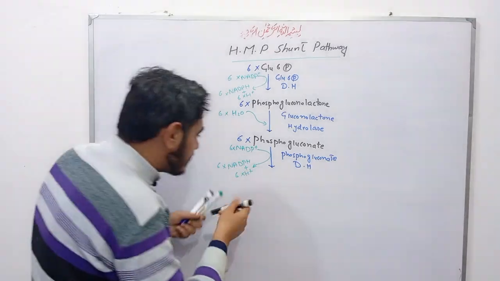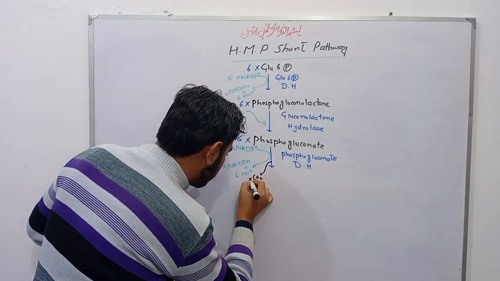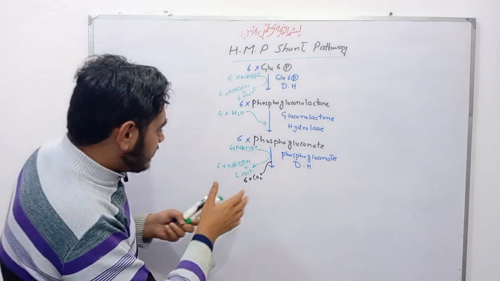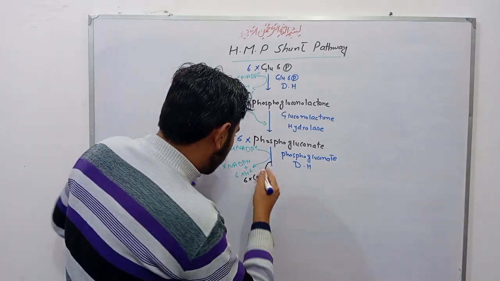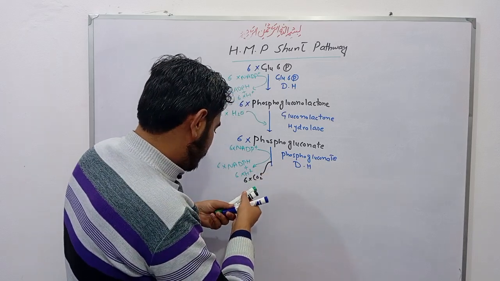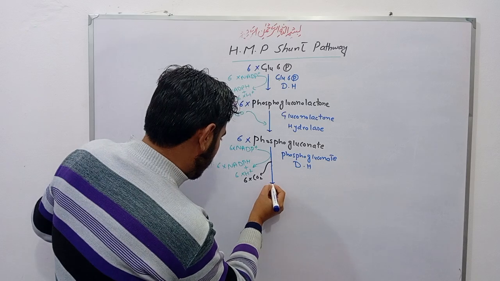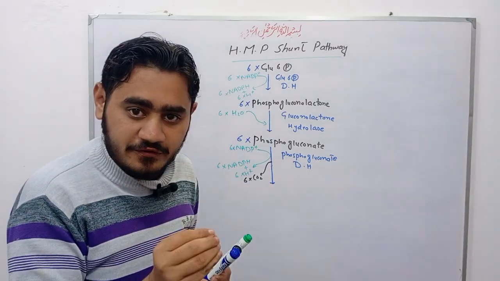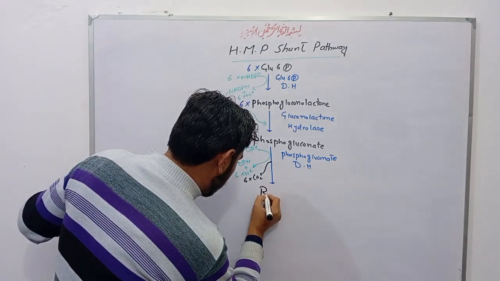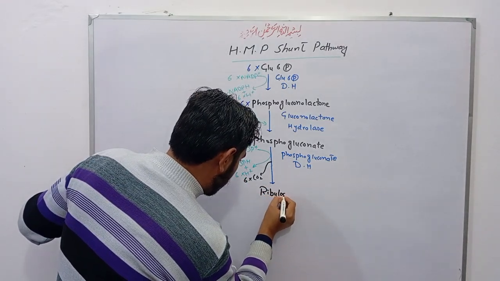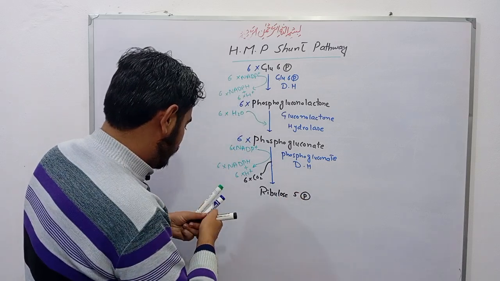And also there is a loss of carbon dioxide. There is a formation of ribulose 5 phosphate. There are also 6 molecules.